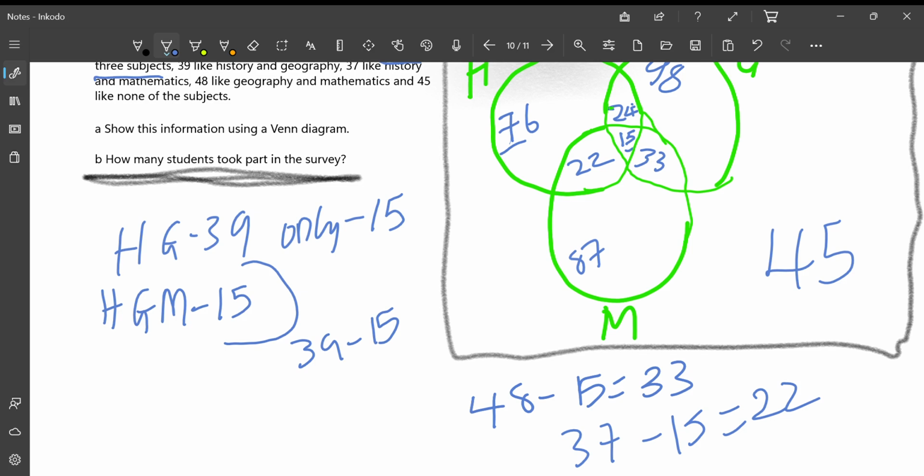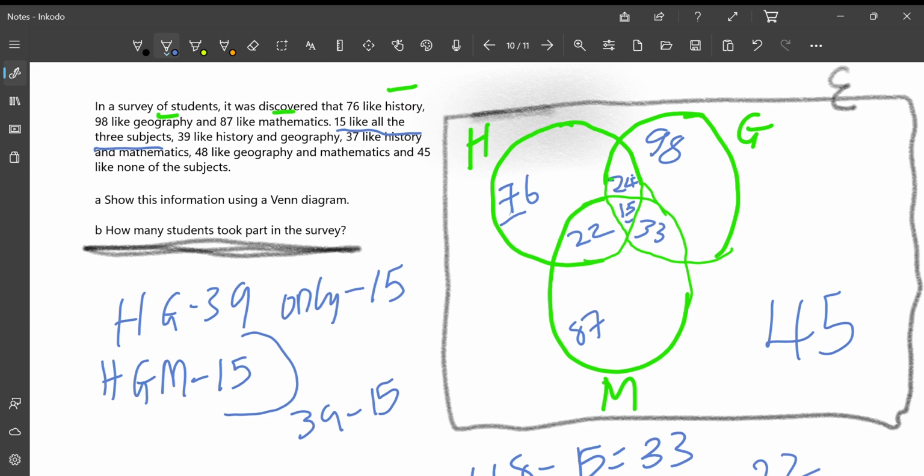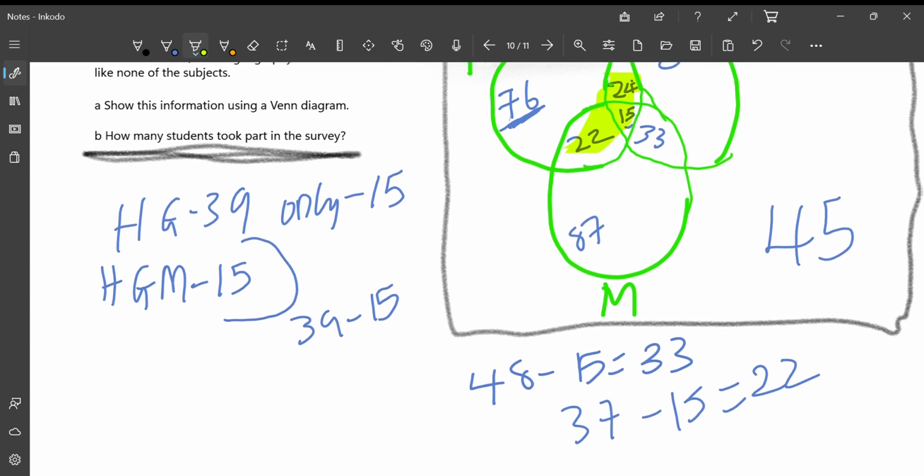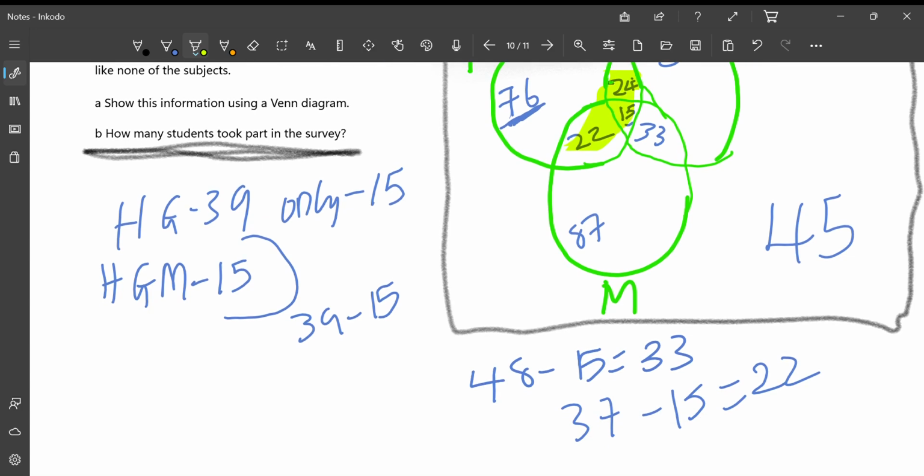But then again, if you notice what we have, if I want to know those that do only history, I have to remove everybody that is here to know those that are remaining in the other part of the circle. That's how it goes. So I'm going to subtract 76 minus everything that is there.